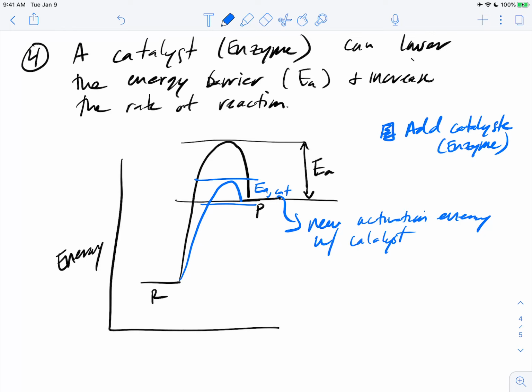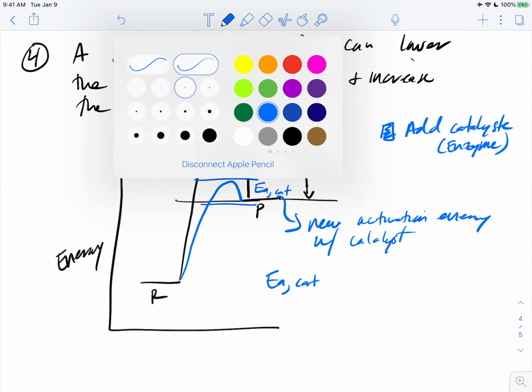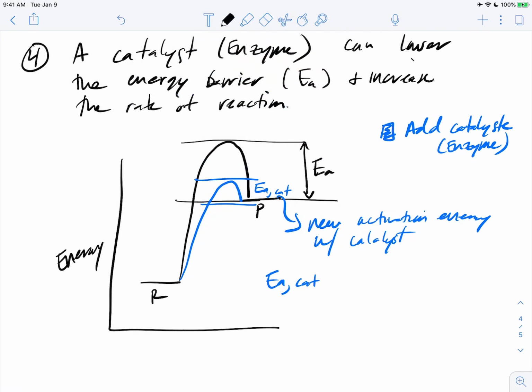It's abbreviated E_A, comma CAT, where the activation energy with a catalyst is less than the activation energy without. So that's a key point. That's just graphically showing you what we have already talked about and what a catalyst does.